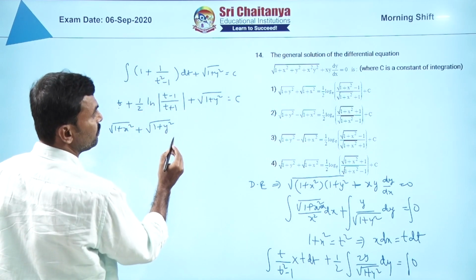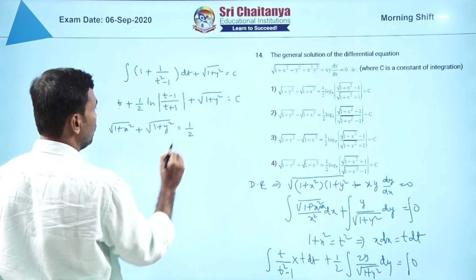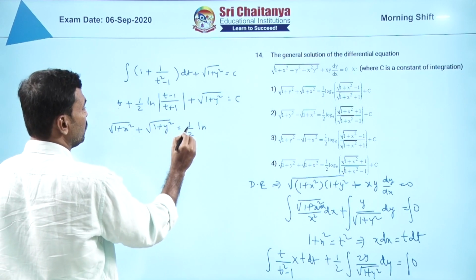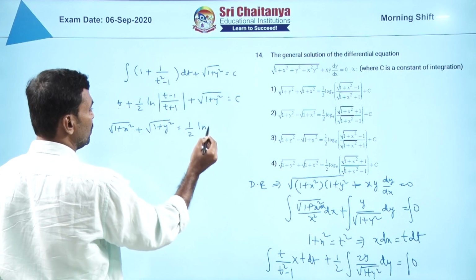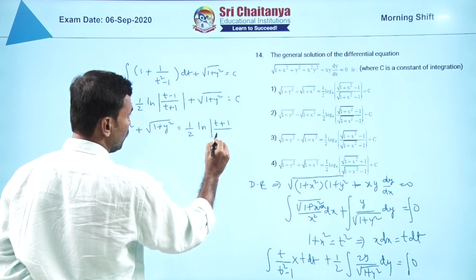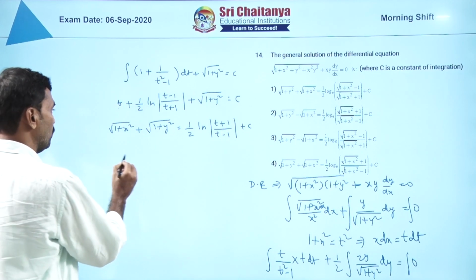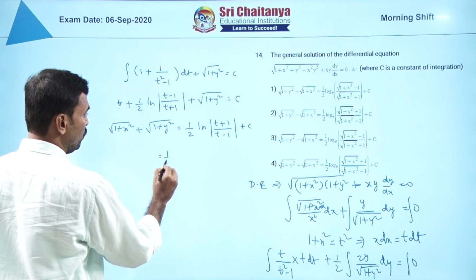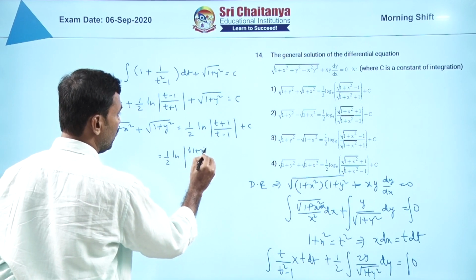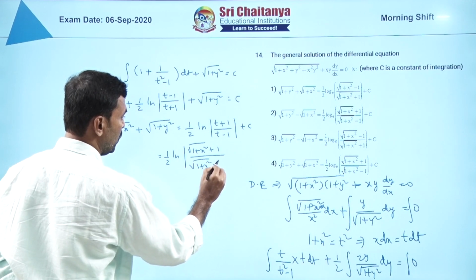This I am shifting, is equal to 1 by 2 times ln of, actually I will get minus 1 by 2 times, so I am interchanging this ratio, ln of t plus 1 by t minus 1, plus c. So, this is equal to 1 by 2 times ln of root over 1 plus x square plus 1 by root over 1 plus x square minus 1, plus c.